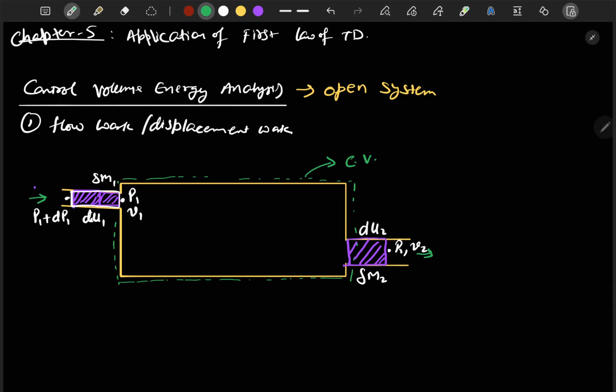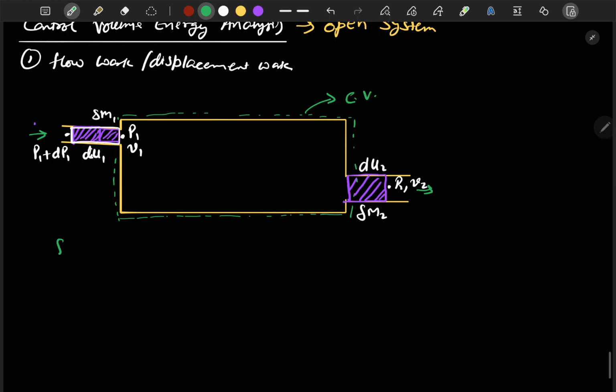So we will have two work elements here. First, the flow work at entry. What is flow work at entry? Pressure is constant, so what is the formula for work done? PdV. If we consider this fluid element, there is no motion of fluid from inside to outside or outside to inside in this element, so for this element it will act as a closed system.